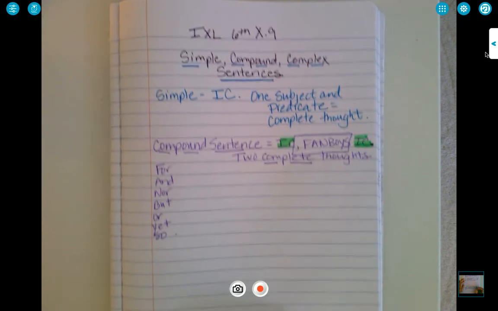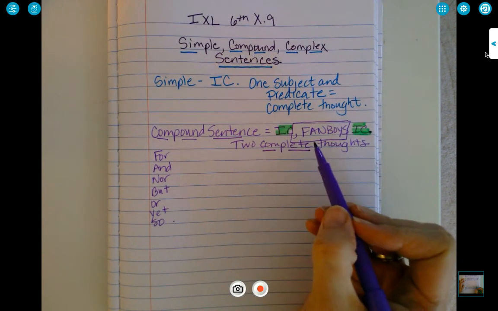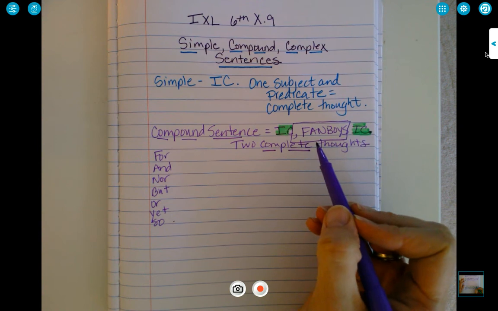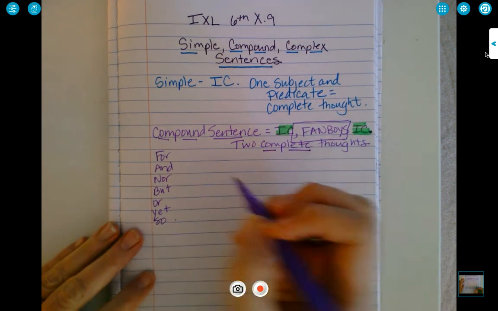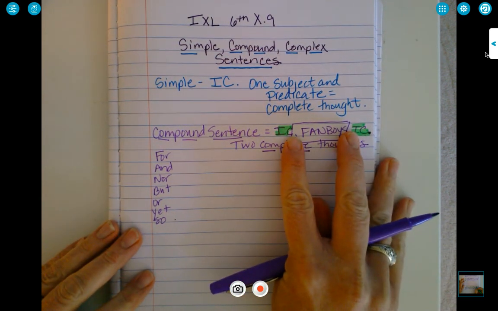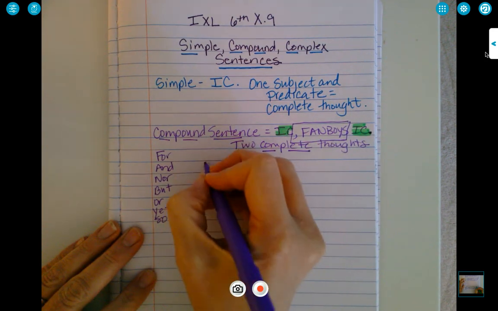And we need to remember that just because there's a fanboy in a sentence does not make it a compound sentence. It has to have two ICs on both sides of the fanboy.